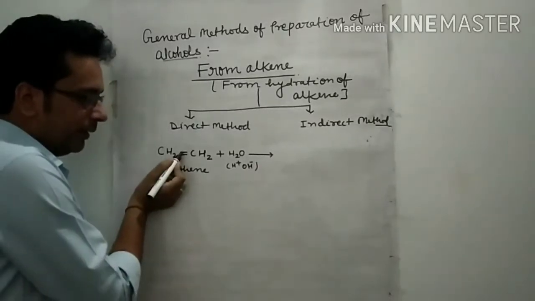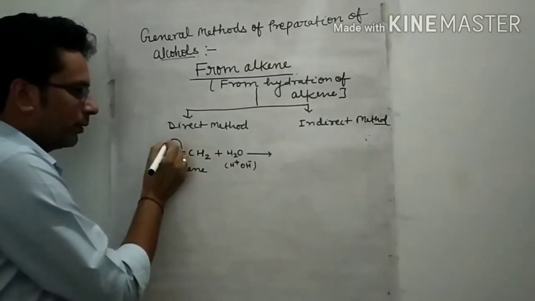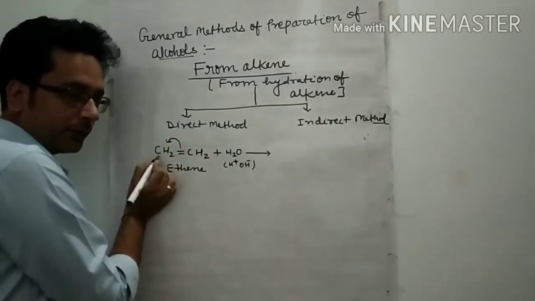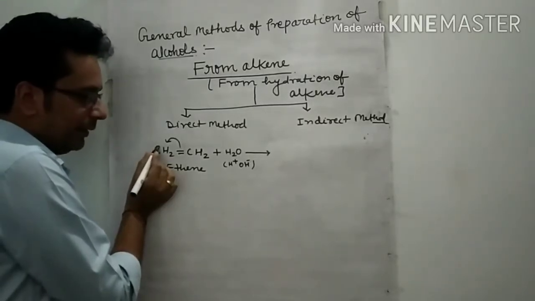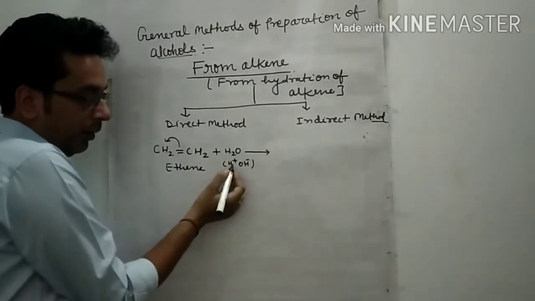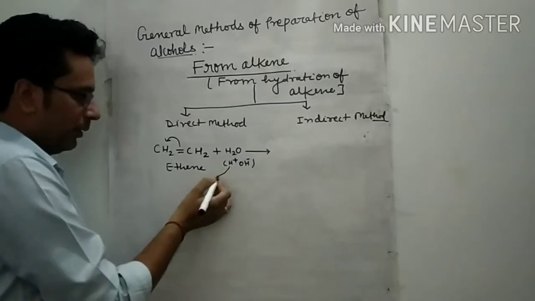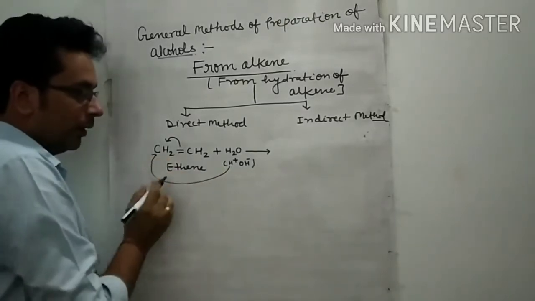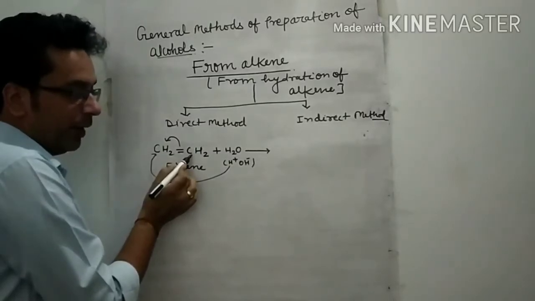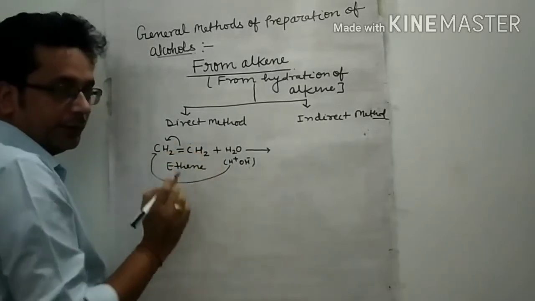When the bond dissociates on one side, that carbon acquires a negative charge and the positive H attacks on this carbon. If the bond dissociates on the other side, this carbon acquires a positive charge, then the negative OH attacks on this carbon.